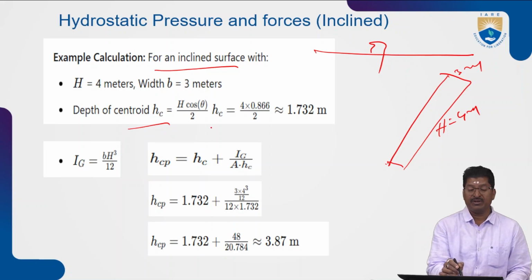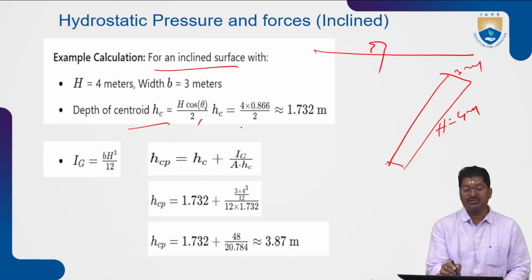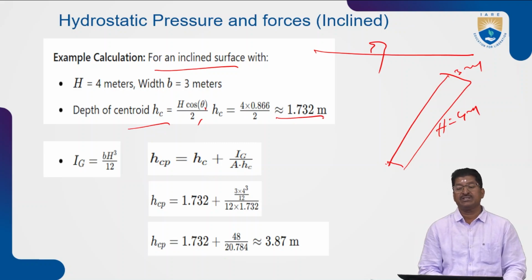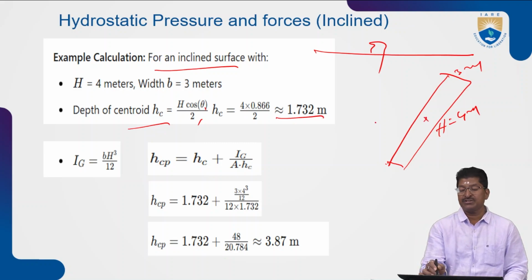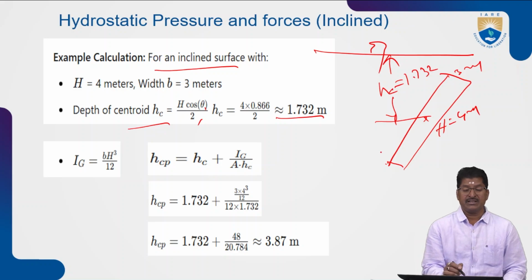HC is equal to 4 meter into cos theta, 0.866, divided by 2. So there you are getting 1.732 as the centroid depth. This is called HC equal to 1.732. The angle is 30 degrees here.